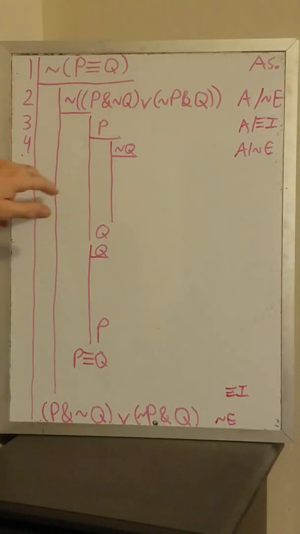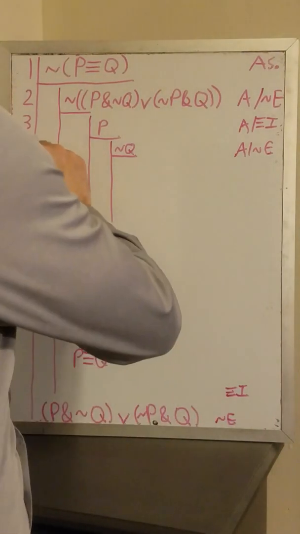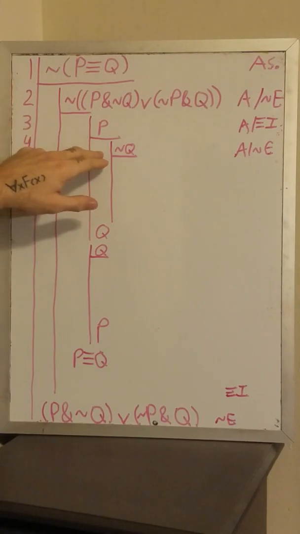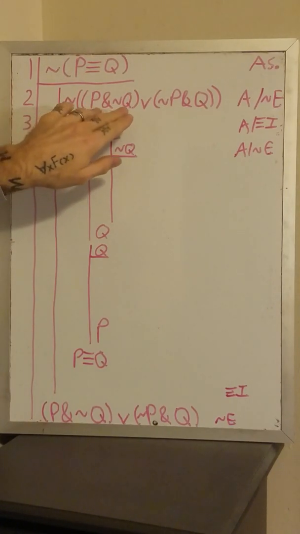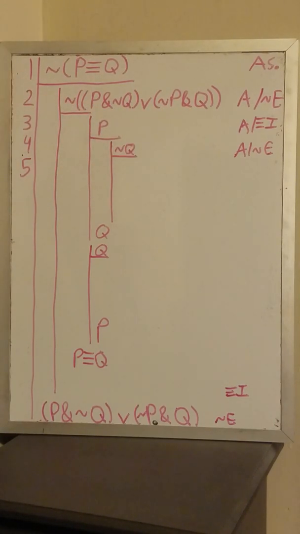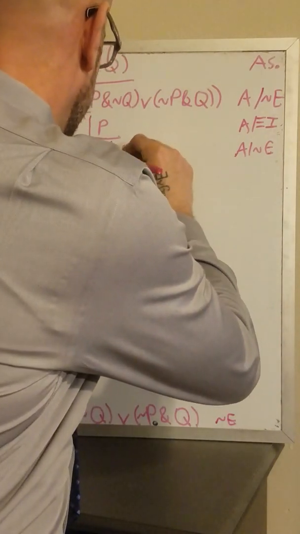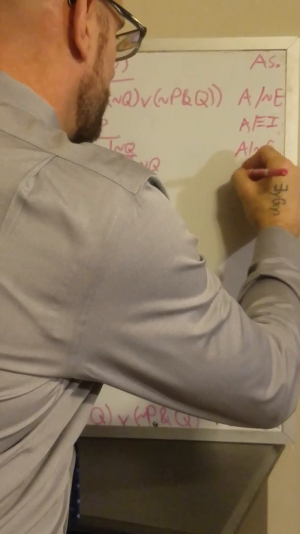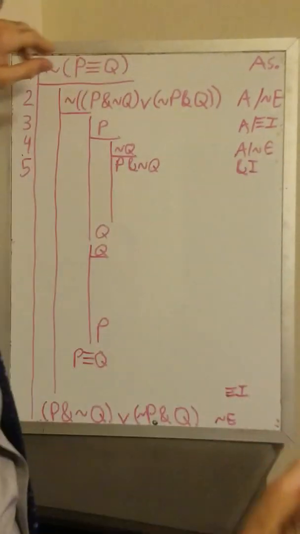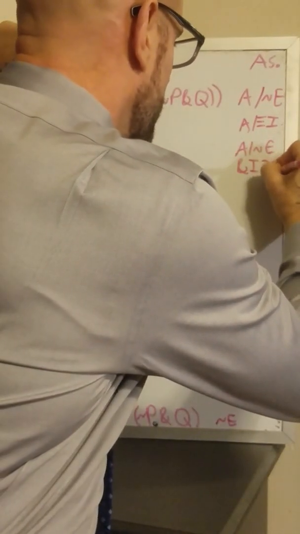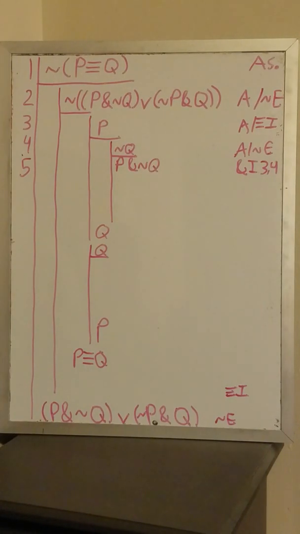All right, so what can we do now to get a contradiction? Well, we have P and we have not Q. If we put that together, we have half of this disjunction. So, conjunction introduction on lines 3 and 4. Now think about how we can get a contradiction.